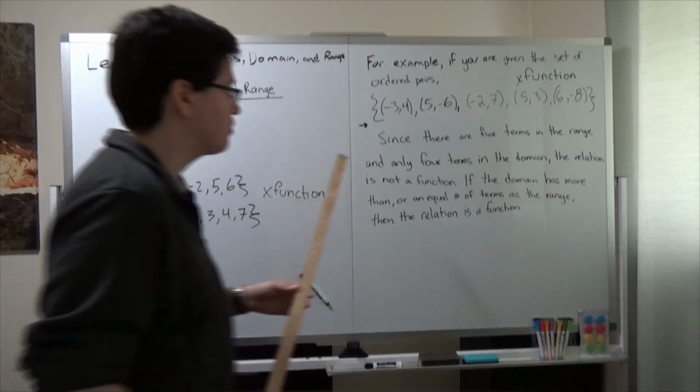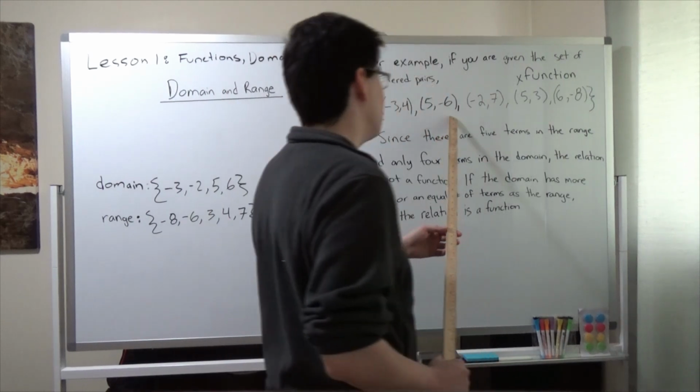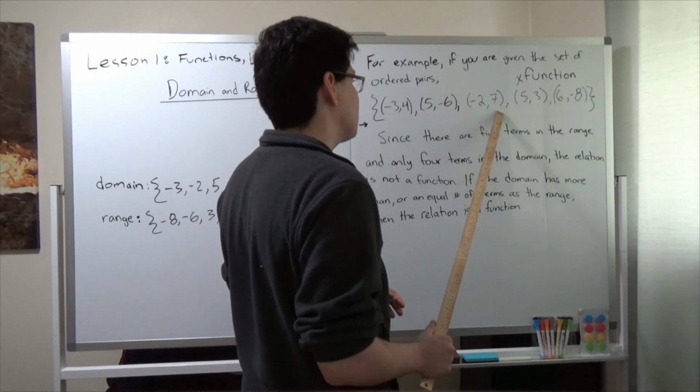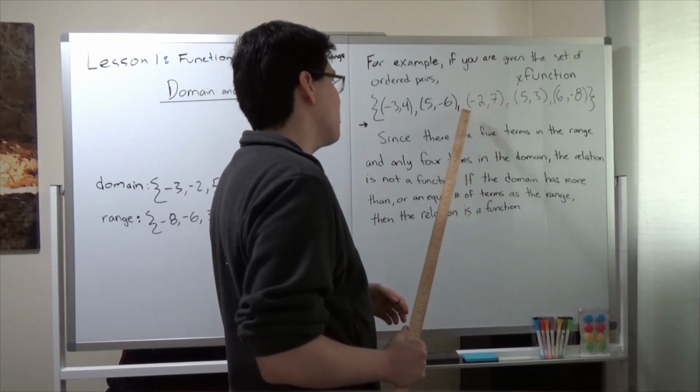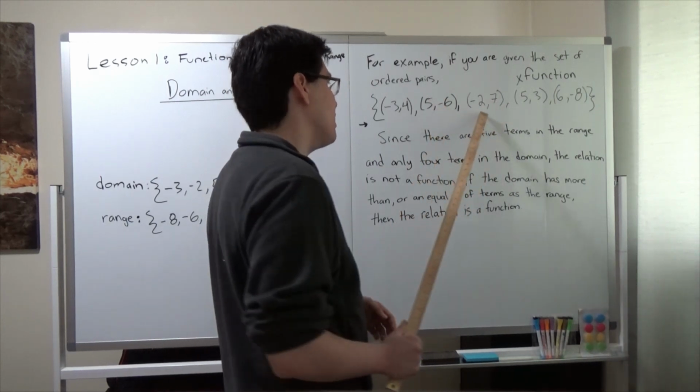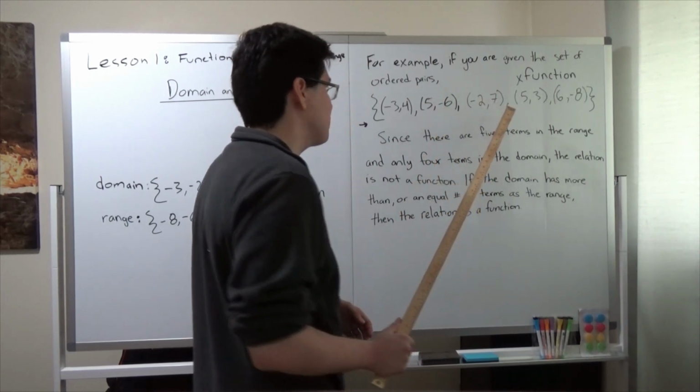For example, if this was 5, negative 6, and then negative 2, negative 6 instead of 7, it would be 2 terms corresponding with negative 6. It would be 5 and negative 2 corresponding with negative 6.